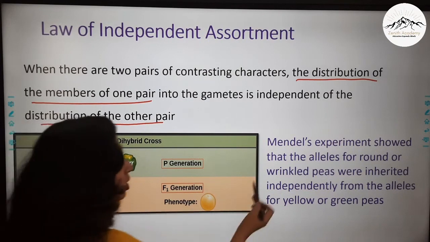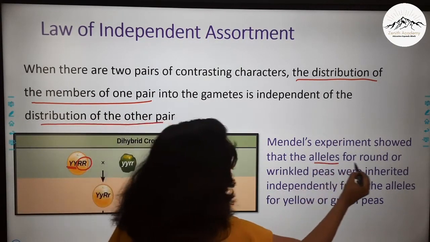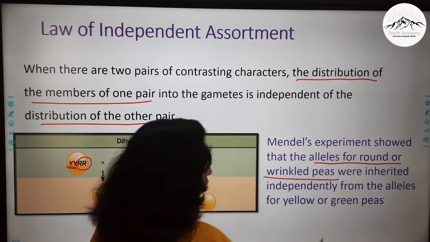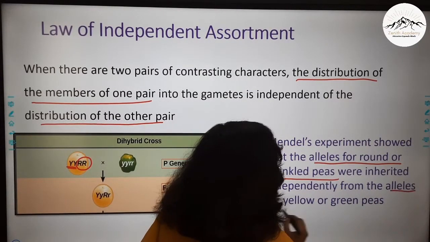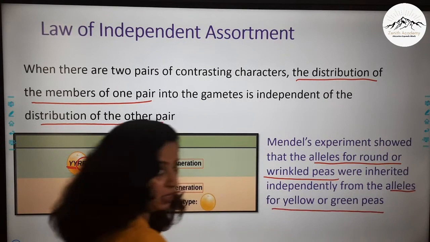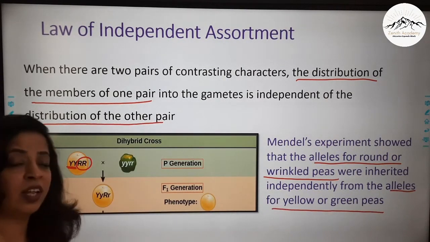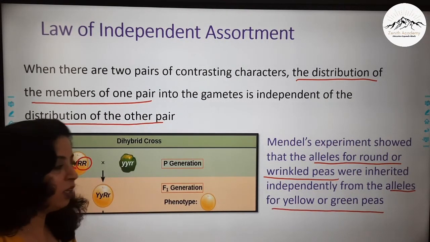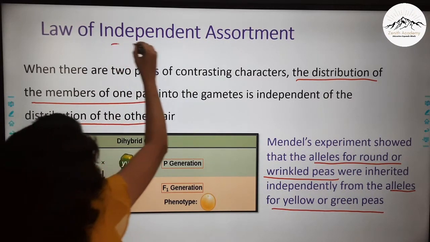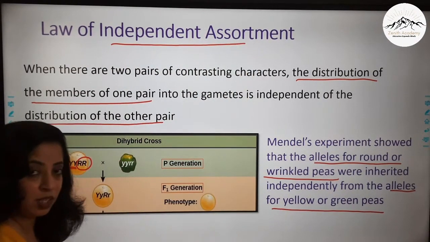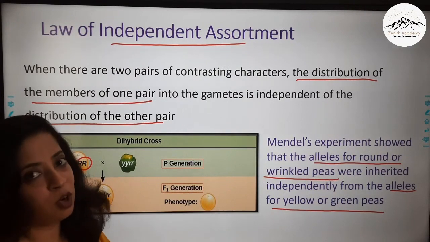So Mendel's experiment showed that the alleles for round or wrinkled peas were inherited independently from the alleles for yellow or green peas. The alleles for both the characters were inherited independently, and that is why this law is known as the law of independent assortment. So I hope you understood all the three laws.